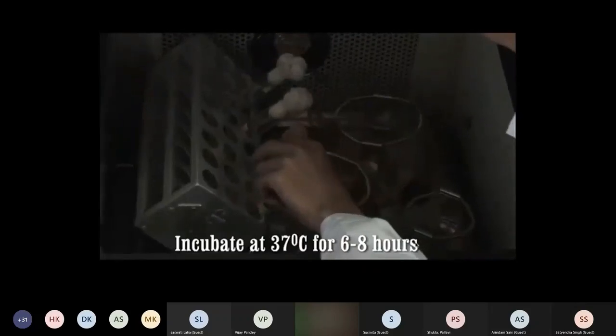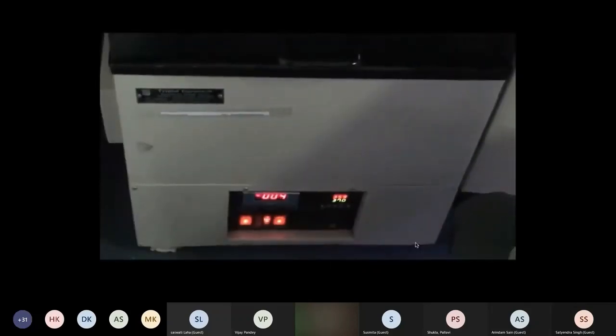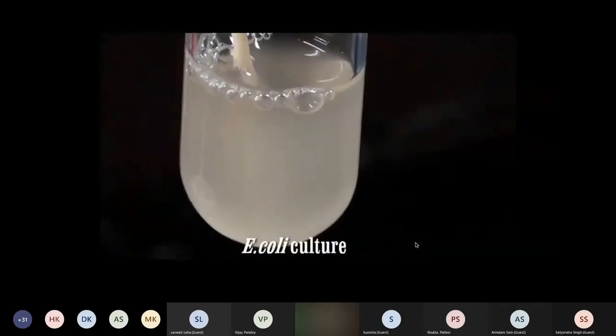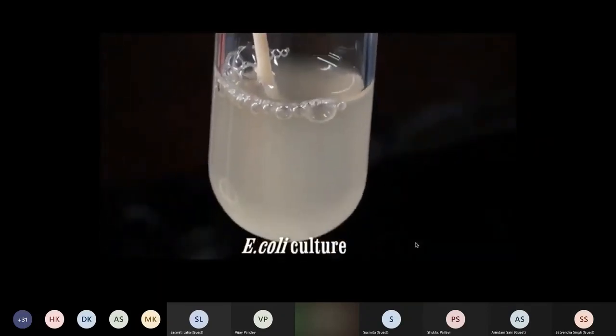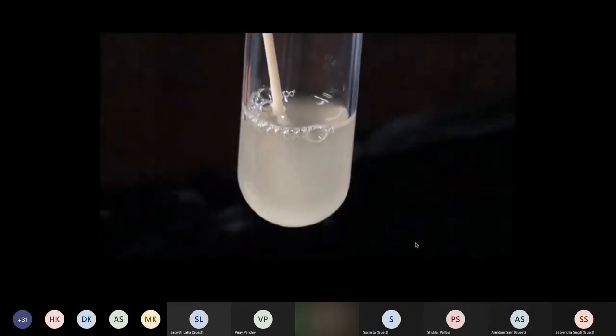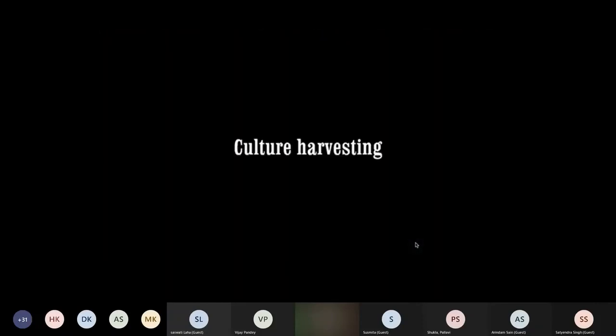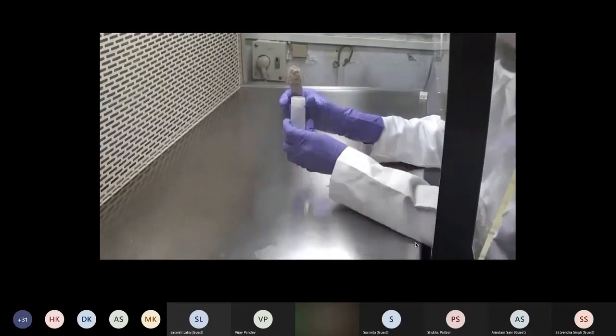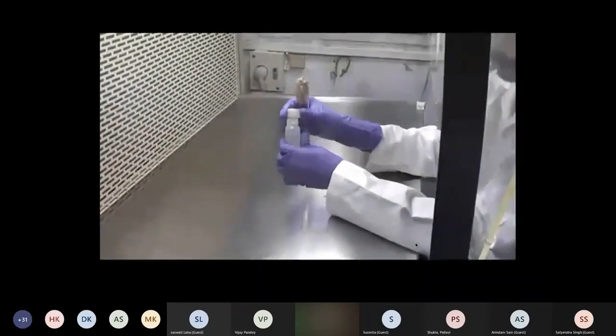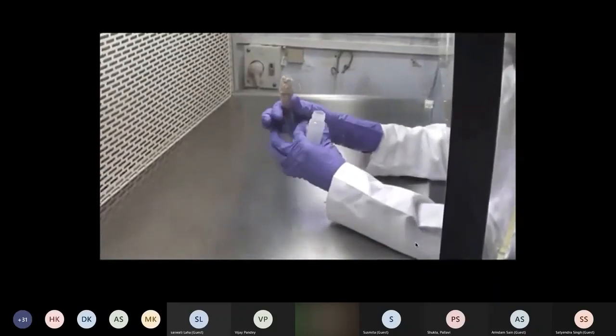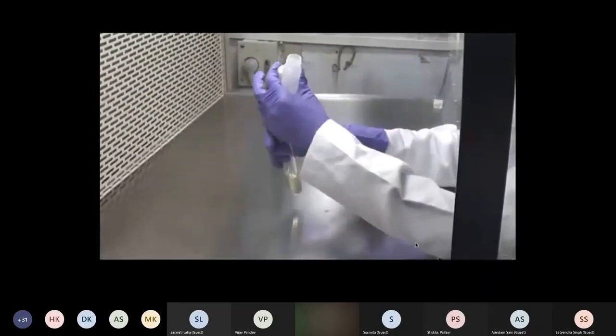Incubate this inoculated sample at 37 degrees Celsius for 6 to 8 hours with constant shaking to allow the bacteria to grow. The turbidity of the culture, which gradually increases, indicates bacterial growth. Culture harvesting. Transfer the grown bacterial culture to a fresh tube under sterile conditions.